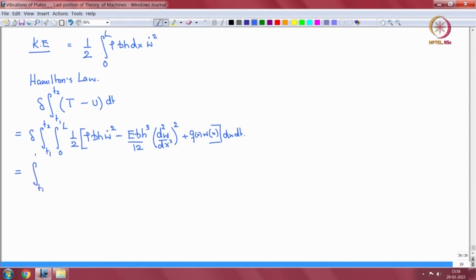I have the integral from T1 to T2, integral 0 to L, 1/2 rho B H twice W dot delta W dot, minus E B H cube by 12 twice W double dash delta W double dash, where dash is d/dx, plus Q delta W, dx dt.